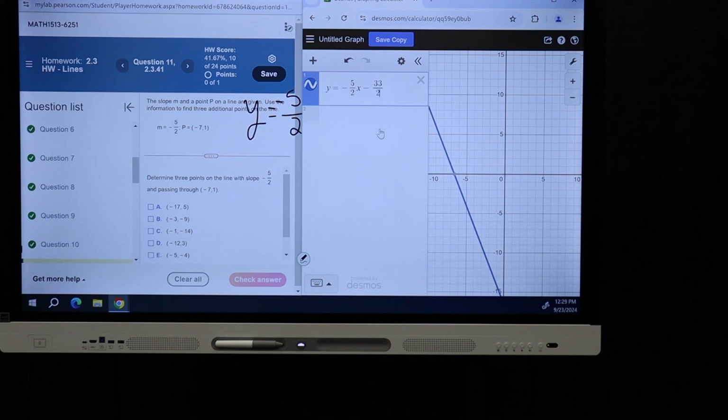Now the points that they give us, I'm just going to put them in order of how I see them, exactly how I see them. So I have negative 17 comma 5. Then I guess I can say this one is A. And this one is negative 3 comma negative 9, and we're going to label it B. This is negative 1 comma negative 14.